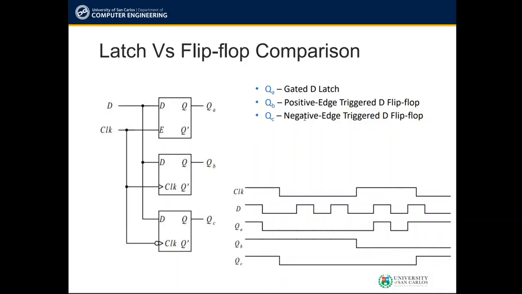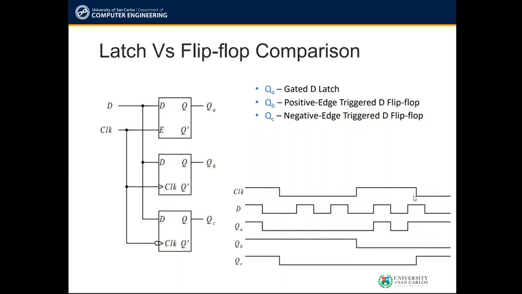Whereas in the negative edge, in the third flip-flop here, it is now the other way around. We want to look here from high to low instead of low to high. So again, QC here is initially high until such time it searches for a high to low clock input, and then whatever the value of your D input here, since the D input here is low, it changes from high to low, and then until such time it looks for another negative edge, high to low.